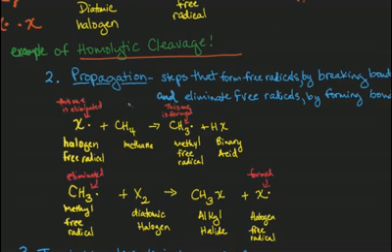I just chose methane randomly, and it can abstract one of the hydrogens and leave an electron behind. So here's one free radical that's consumed, and the other one that is formed. So this one is formed, this one's consumed.